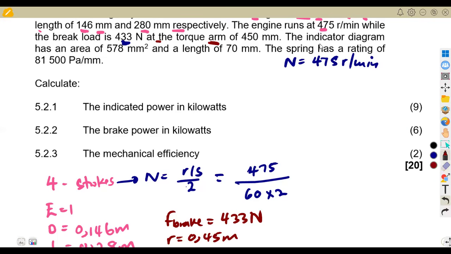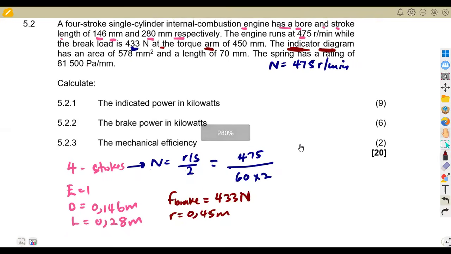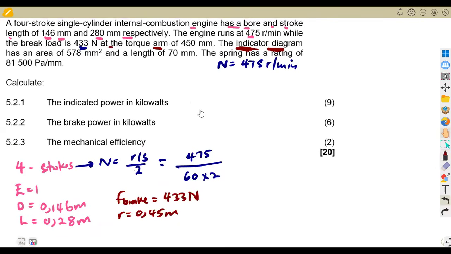Then they are now giving us the indicator diagram, where I said I need to talk about that. I talked about this before the introduction. I needed to introduce this topic on the indicator diagram. But don't worry, I hope I'm going to be able to explain in a way that you understand.